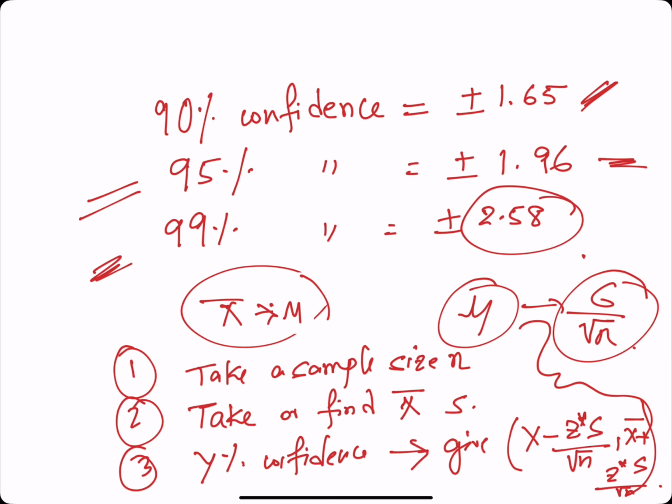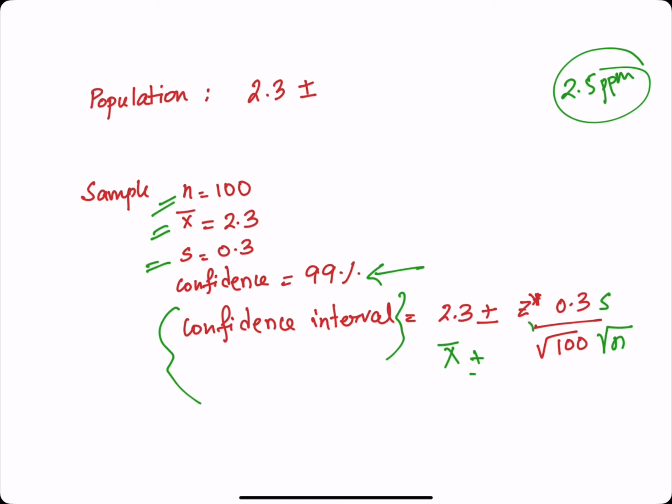Now the z-score for 99% confidence, as you can see here, is 2.58. If we plug in 2.58, we get the confidence interval as 2.223 and 2.377.